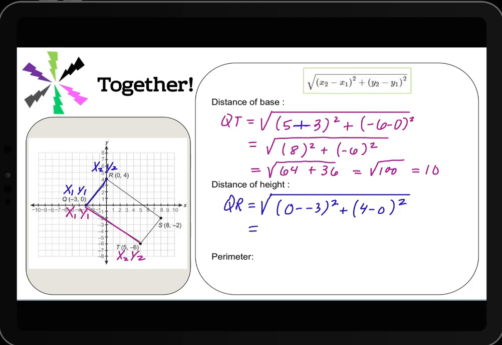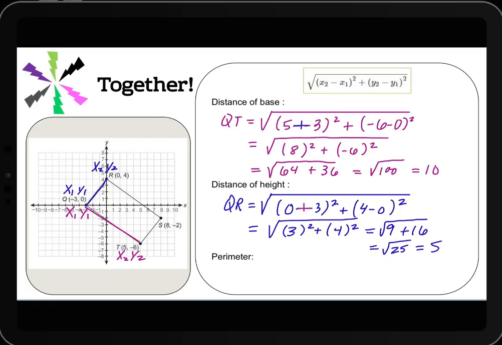So that gets me 0 minus negative 3 is 0 plus 3. So I have the square root of 3 squared plus 4 squared. So here I've got 9 plus 16. Square root of that is going to be the square root of 25, which is just equal to 5.